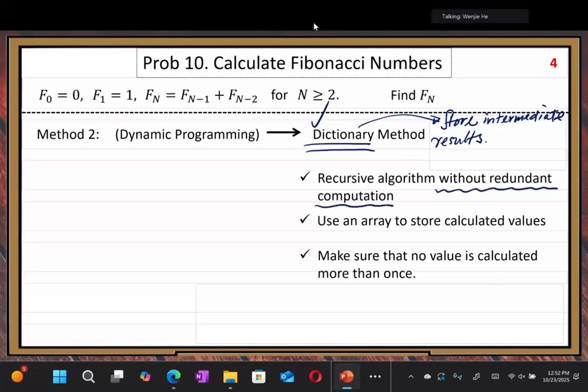So the main modification is here: remove redundant calculation. That's the main idea.